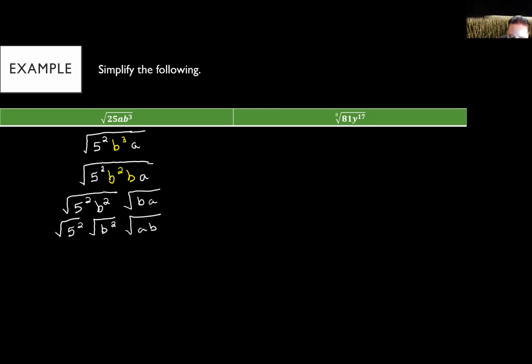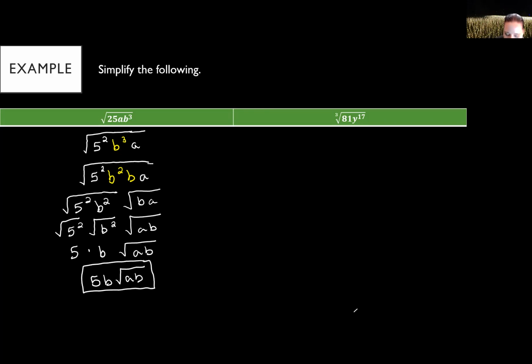And then we've got the square root of ab. The square root of the squares, those cancel, so you're left with 5, then b, and then your square root of ab. And these are all multiplied, so we usually write it as 5b times the square root of ab.